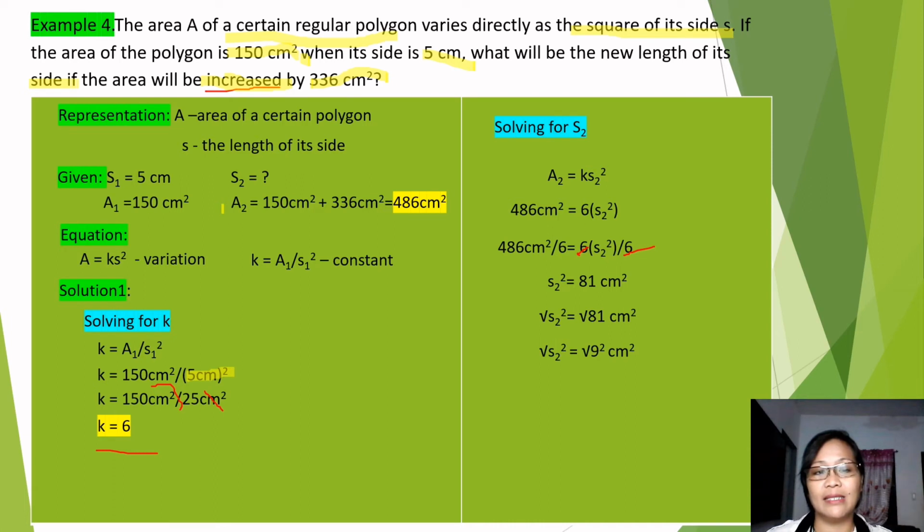Since 81 is a perfect square, which is 9 times 9, or 9 squared, we cancel the square and the radical sign. And then, of course, we have S sub 2 is equal to 9 centimeters. Next.